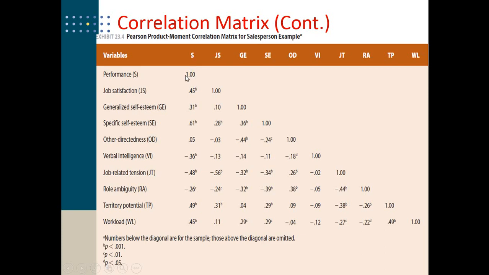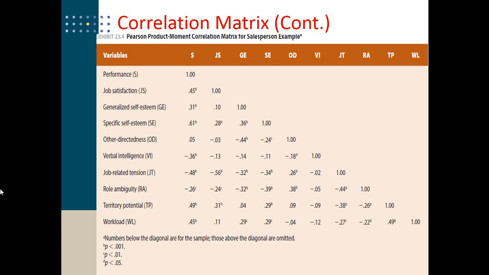In this case, research was conducted to see the correlation between some factors, for example, performance of an employee, job satisfaction, generalized self-esteem, specific self-esteem, other directedness, verbal intelligence, job-related tension, role ambiguity, tertiary potential, and workload. These are some factors that contribute to job performance or job satisfaction.